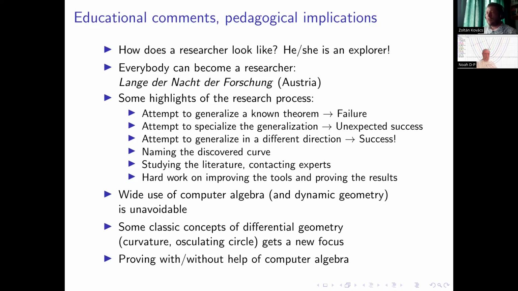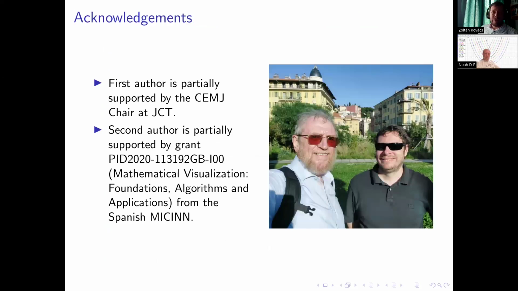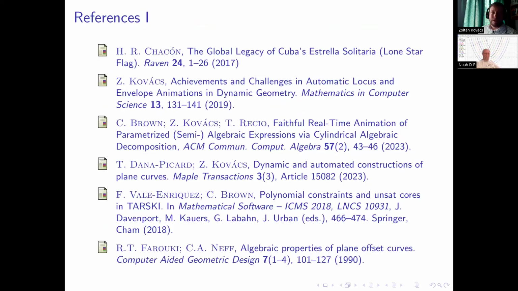And two last things: some classic concepts from differential geometry, like curvature and the osculating circle, were also a kind of new chapter in our research. And for our students, we learned again that proving, with or without the help of computer algebra, is very, very important.